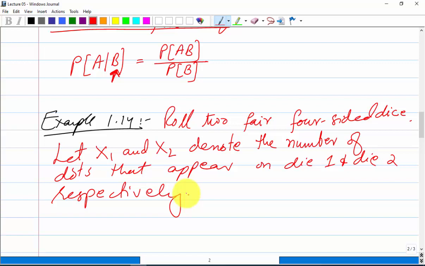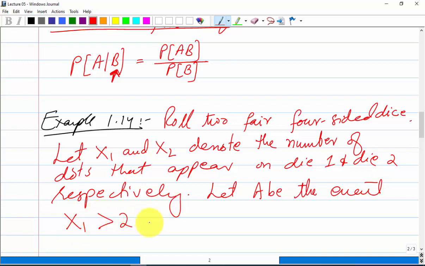Let A be the event x1 is greater than 2. What is probability of A?